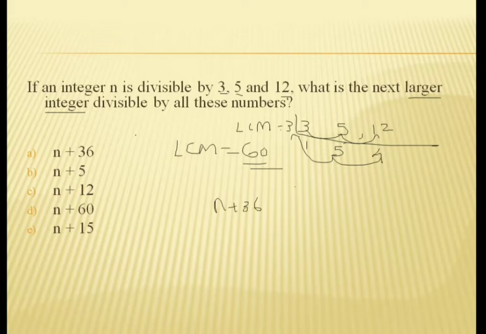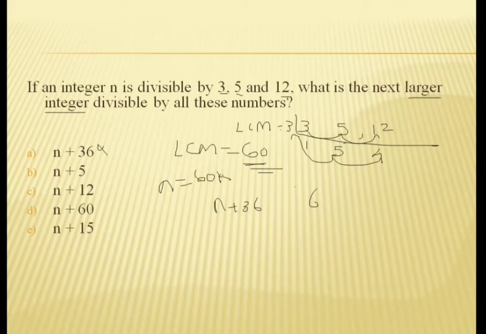So n plus 36 won't be matching, because we can take n equal to 60k.